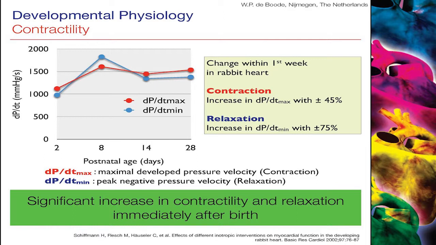And what you see is the postnatal age. During the first week, there's a large increase in contractility, a large increase in relaxation, up to a level of 45% for the contraction and up to 75% for relaxation. So, a significant increase during the first week of life in contractility and relaxation in this rabbit animal model.